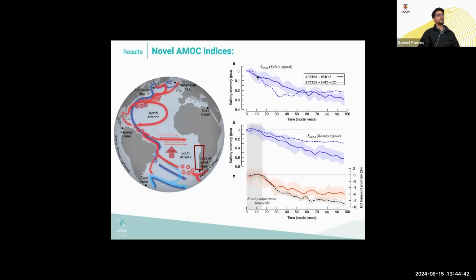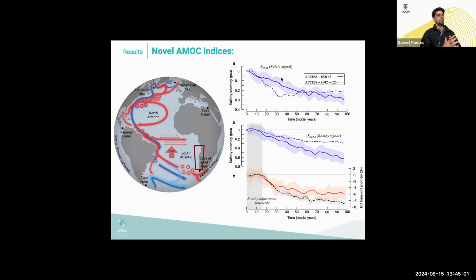For the East South Atlantic, the ACCESS-ESM and the OM models both cause some convergence in this region, but for different reasons. The OM better simulates the dynamics of this region.